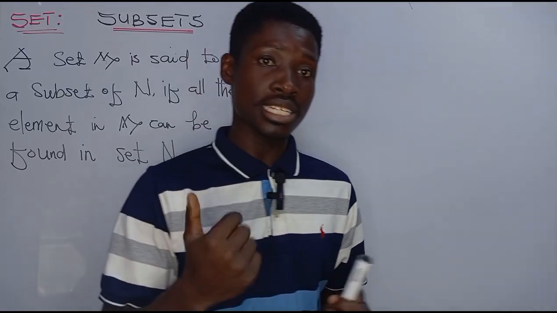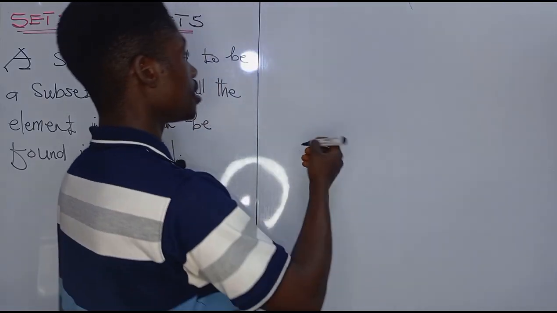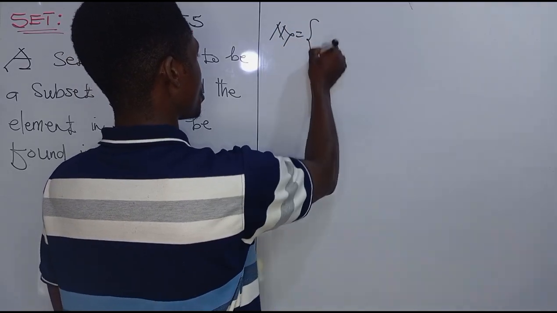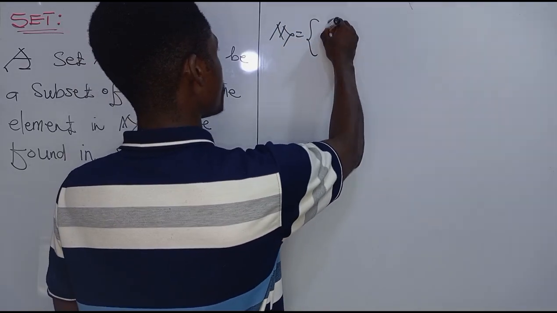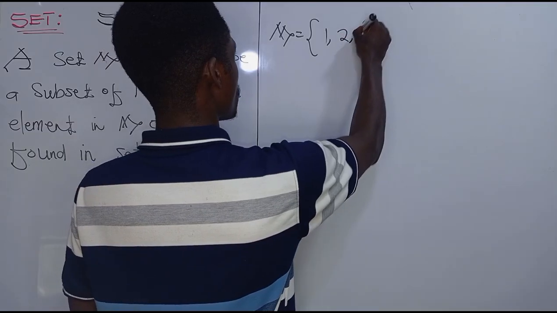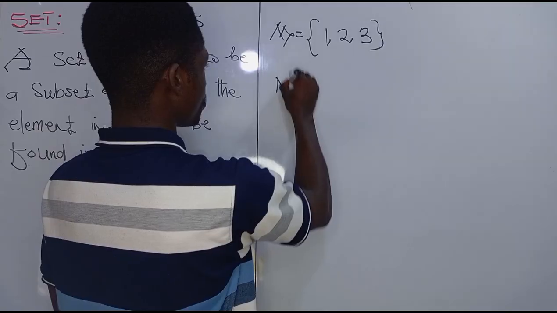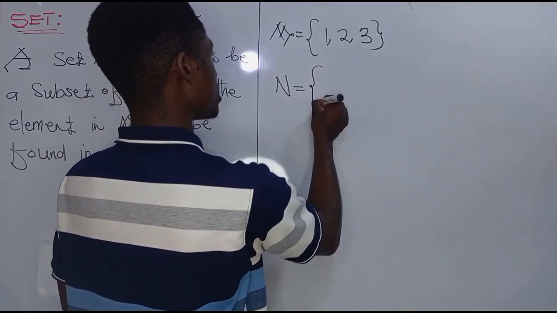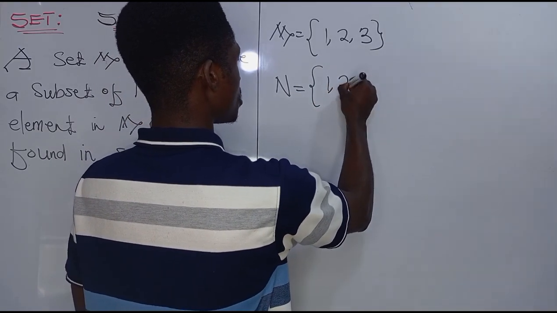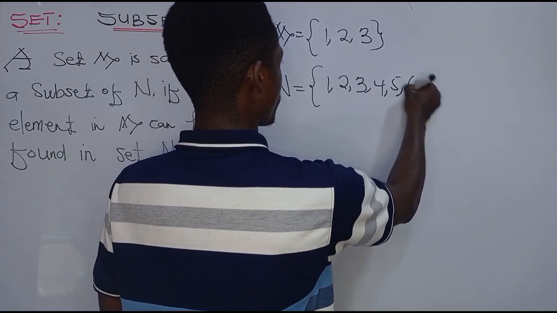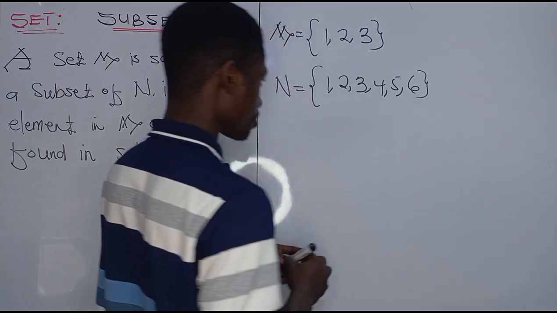So let's consider these two sets that we are talking about. We have set M, let's say that it contains the elements 1, 2, and then 3. And then we have another set, set N, which contains the elements 1, 2, 3, 4, 5, and then 6.